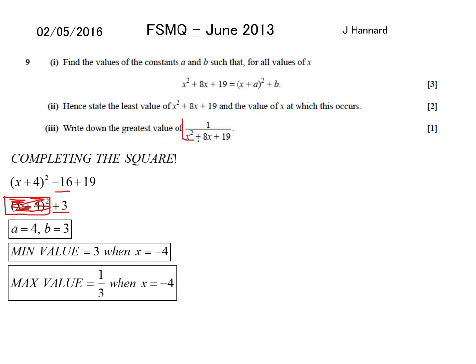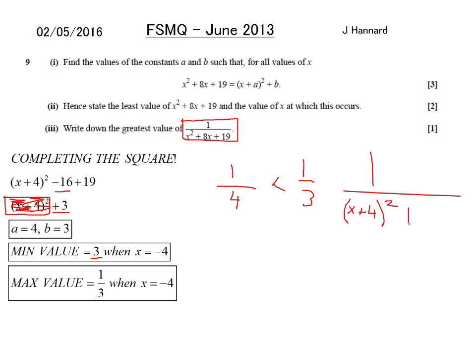This is for the third part here, because if you think about it, if we get a min value at 3 when x equals minus 4, if we let the brackety bit disappear again, a better way to explain this perhaps is to say a quarter is less than a third, because if you have 1 over the brackety bit, so you've got x plus 4 squared, add 3.